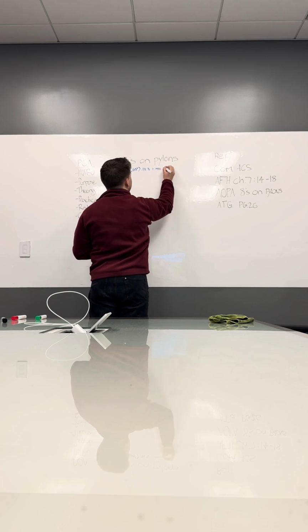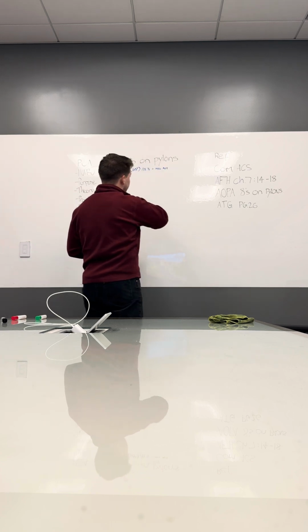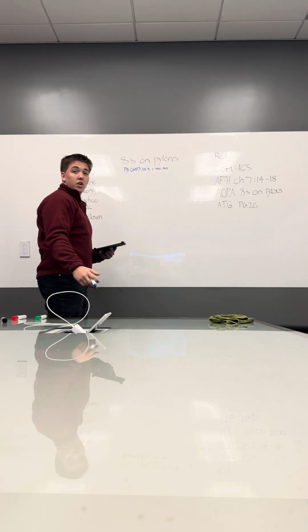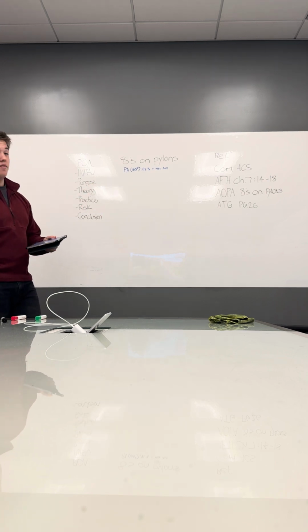And this is what you'll set your altitude bug to in the aircraft. Can you say that equation one more time? It is ground speed squared divided by 11.3 plus your MSL altitude.